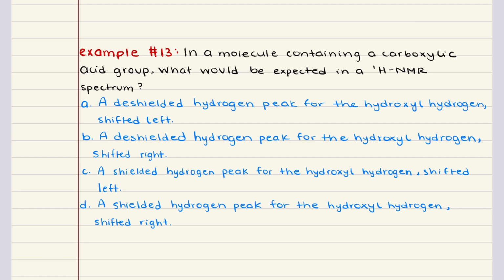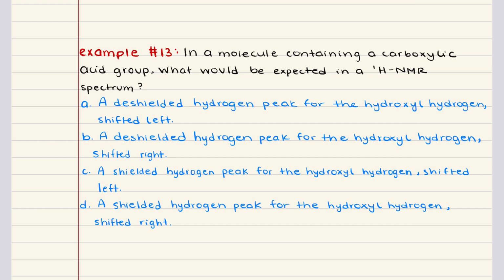In a molecule that contains a carboxylic acid group, the hydrogen that's directly attached to the hydroxyl part of that carboxyl group is highly deshielded. That's because the carboxylic acid functional group is very electronegative and it pulls electron density away from the hydrogen nucleus.